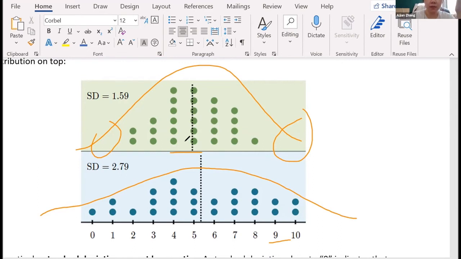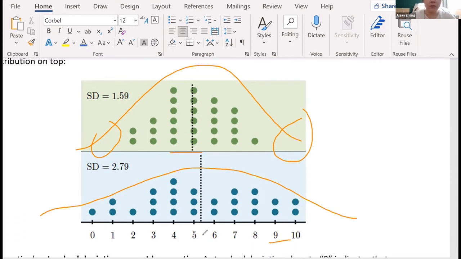Just by looking at the graph, when you compare the two graphs, the blue graph on the very bottom has a range that spreads far more than the range of data in the green section.